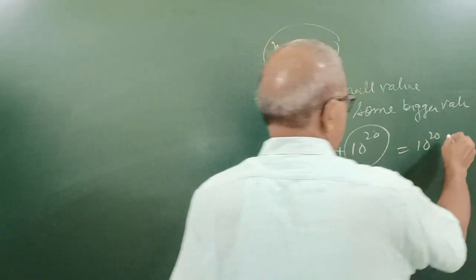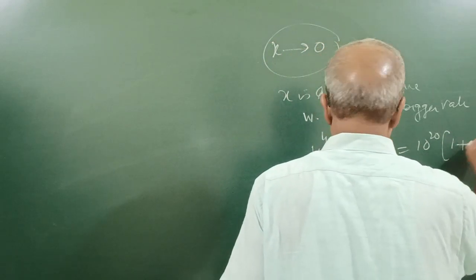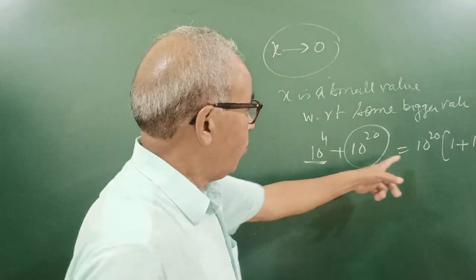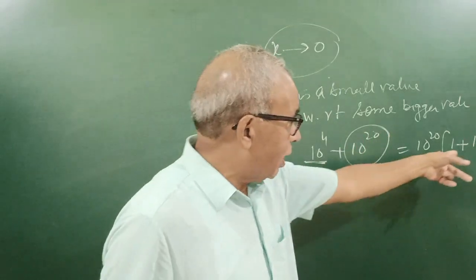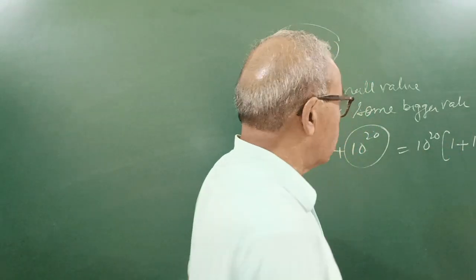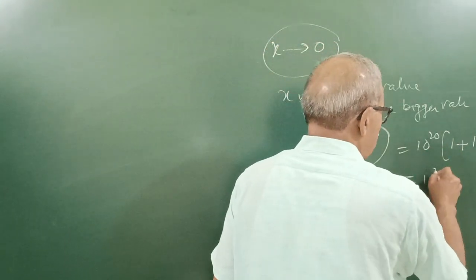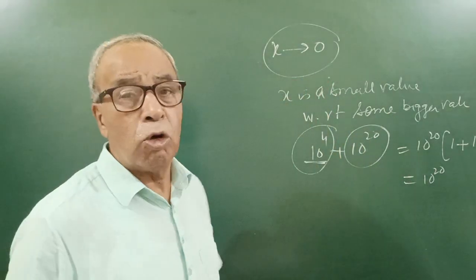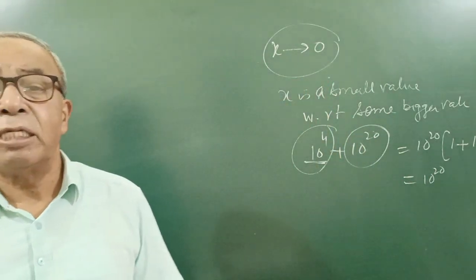No. Suppose you take 10 to the power 20 of 1 plus 10 to the power minus 16. When we divide this by 10 to the power 20, we get this thing, and it is negligibly small with respect to 1. So we can write only 1. So x tending to 0 does not mean it is 0. It is a small number.